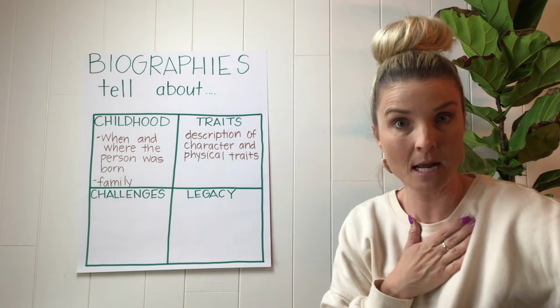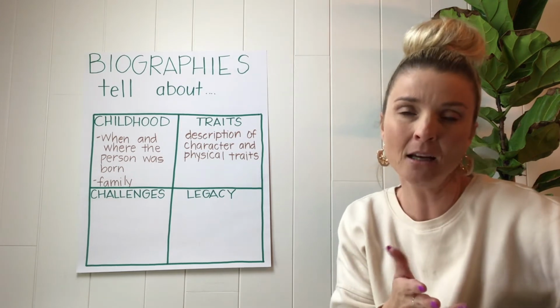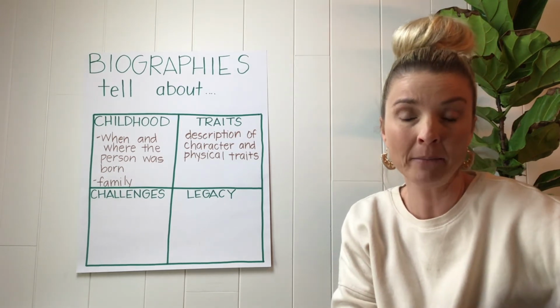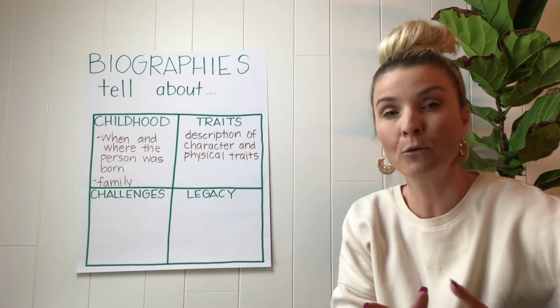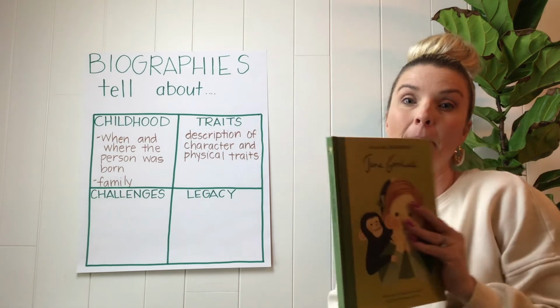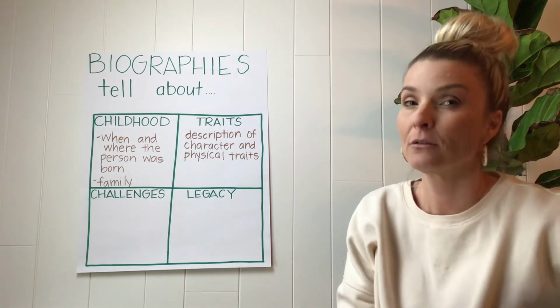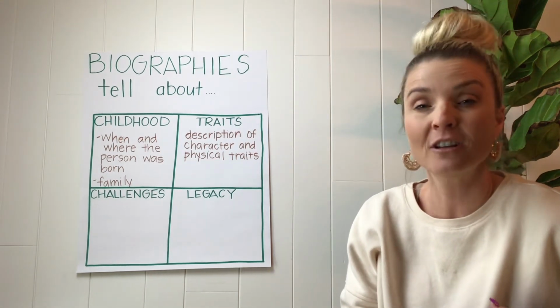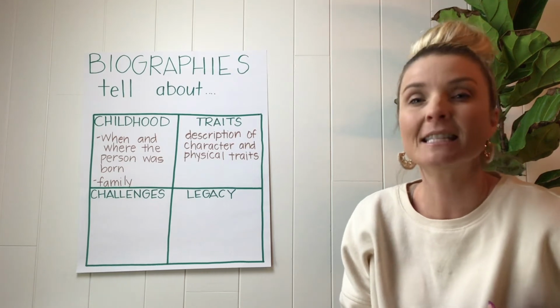So I'm going to keep reading. You start reading. When you're done with your allotted time, go ahead and hit play again, and we'll be back soon to talk more about Jane Goodall and think deeper about your character, their childhood, their physical and character traits. See you in a bit.